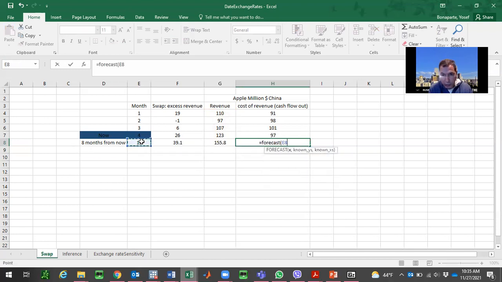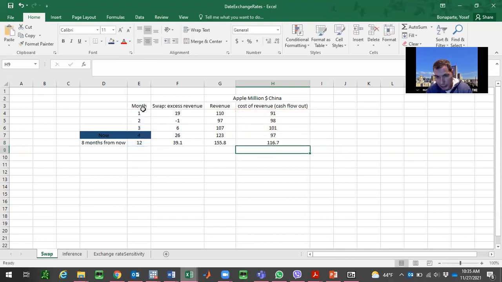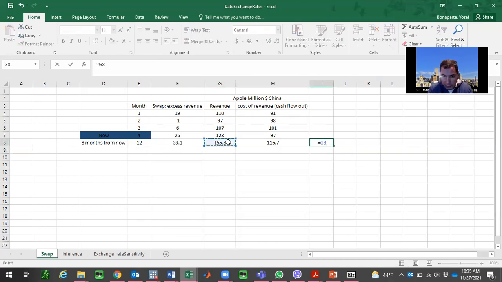And you're going to see what's going to be the cost of revenue in December, given the cost of revenue we have today for this period of months. And that will give you the revenue here for different months. Just to check if this is equal 39. Yes, that minus that equals 39.1. So the formula is working.